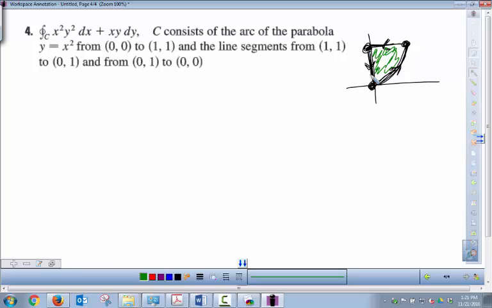But let's approach this using the instructions that they have, which is to compute this line integral as a line integral directly first, and then see if you can compute this line integral using Green's theorem, and that means changing your line integral into a double integral. Okay, we'll do that second. Let's first do the line integral as a line integral.